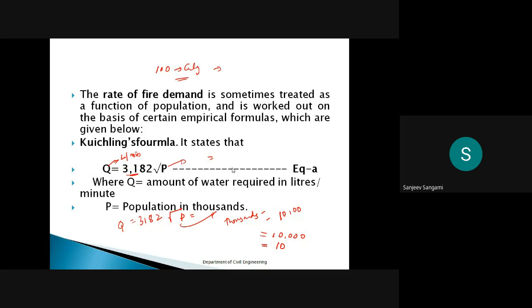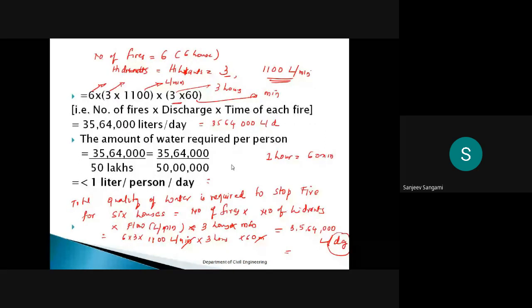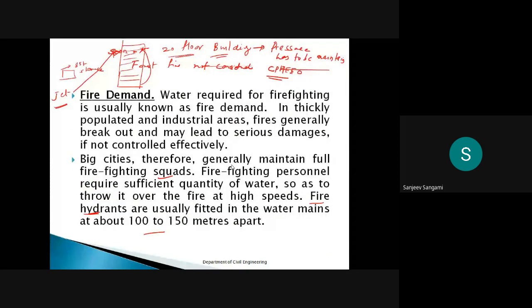The fire demand is the demand for using water for fire fighting. For example, how much water is required to stop the fire, either in residential buildings, in public places, or in some of the forest areas.